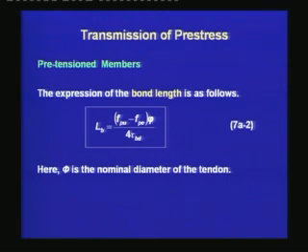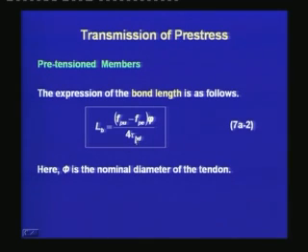Now, based on the free body diagram, we can write an expression of the bond length, which is in terms of the ultimate prestress that we are designing for, FPU, and the effective prestress FPE, the diameter of the tendon and the design bond stress, which is tau BD.